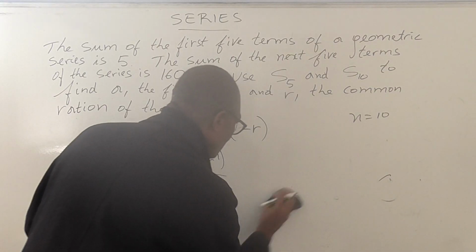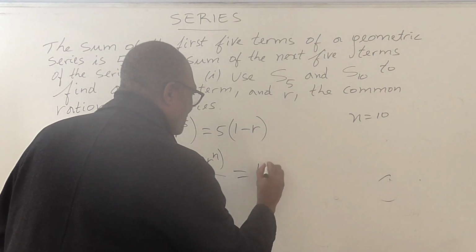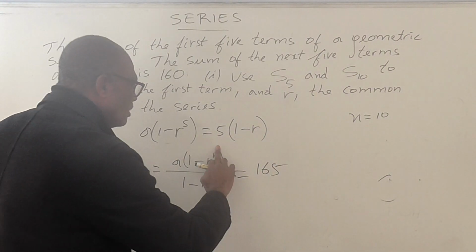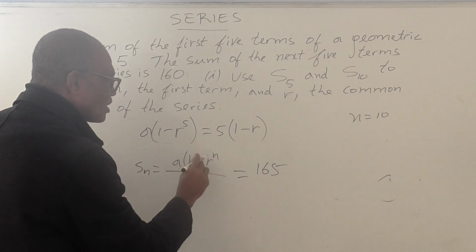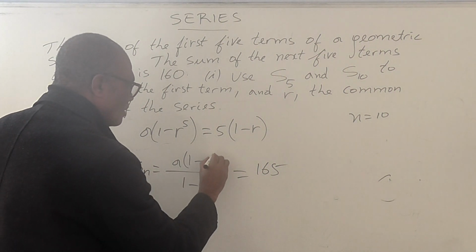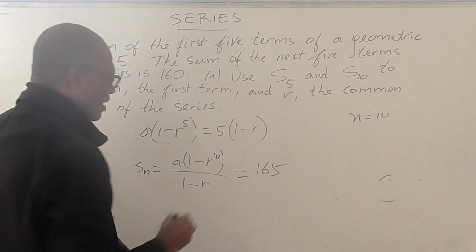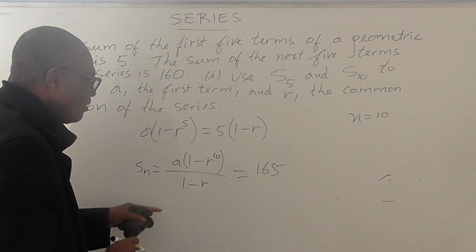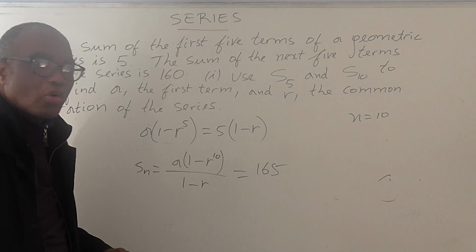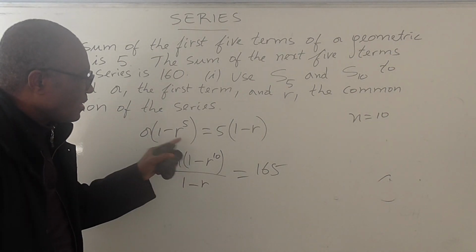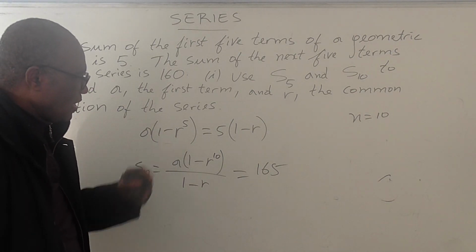Now 165, and then here I put n equal to 10. Again I do cross multiplication like I did for this one.